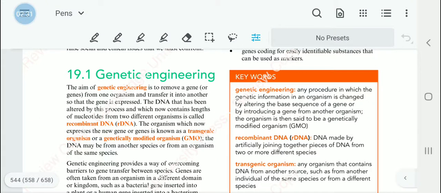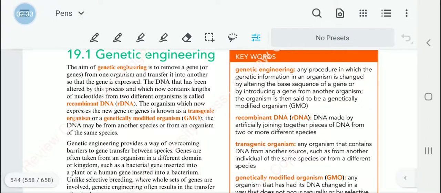Then the DNA in the original organism is changed, and now it will contain lengths of nucleotides from two different organisms, and these are known as rDNA or recombinant DNA.